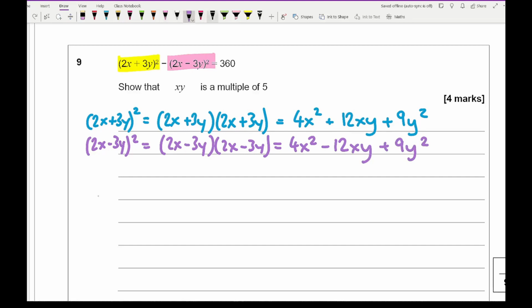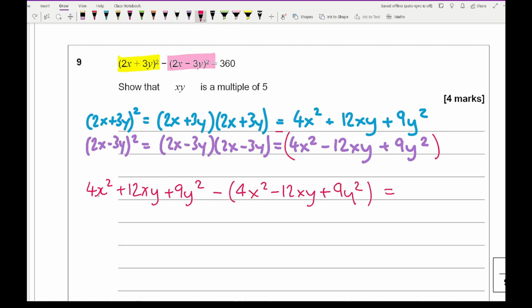Now for this, what I then need to do is just take the two things away. Now I'm going to put brackets around that second one. So I get 4x squared plus 12xy plus 9y squared minus (4x squared minus 12xy plus 9y squared), and that all equals 360.